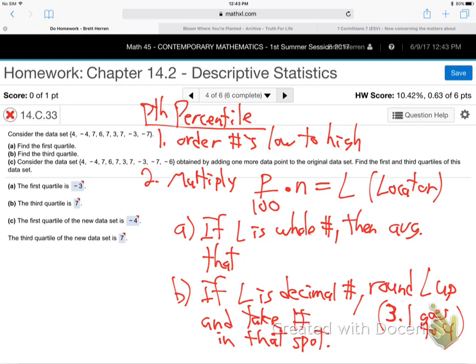If L is a whole number, then average the number in that spot and the next spot. Okay.